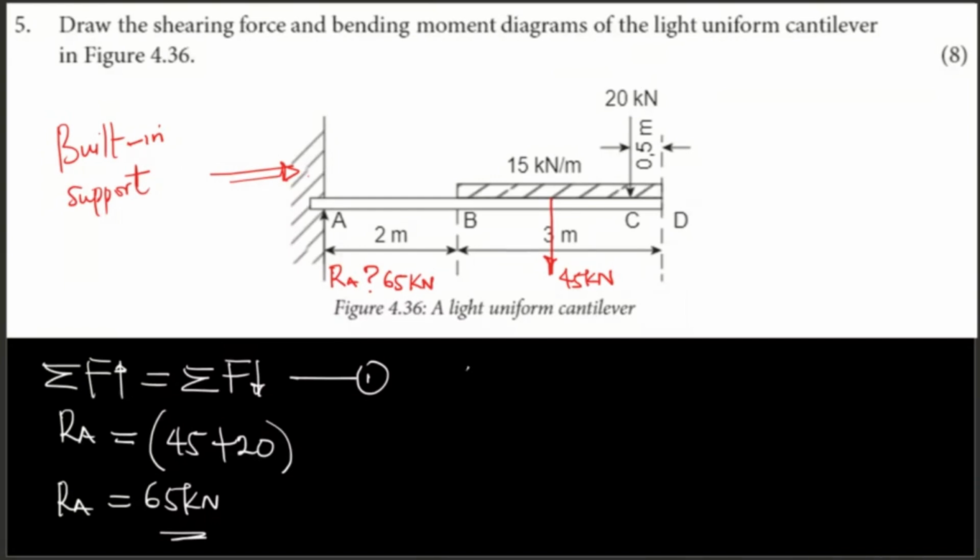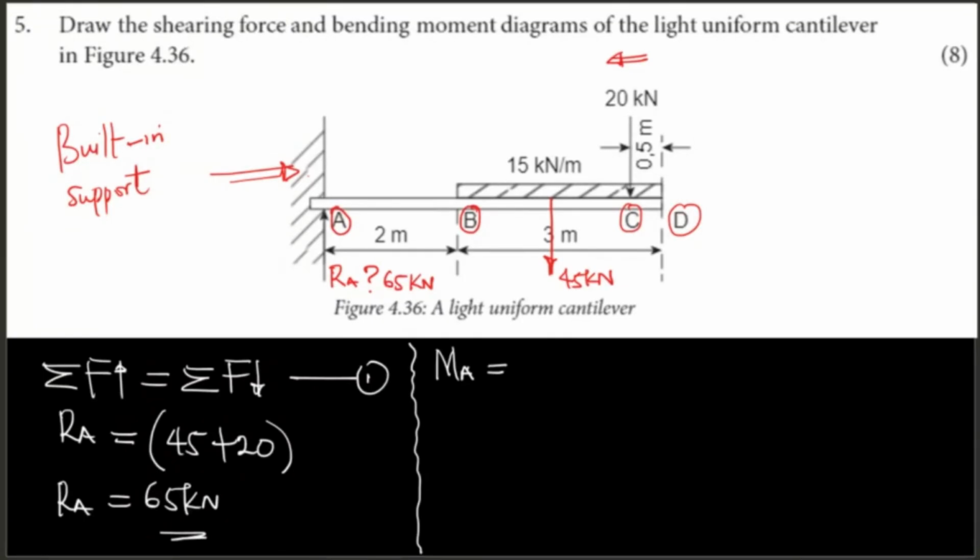So we have section A, section B here, section C, and section D. If I want to calculate my moment at section A, I'm going to be working from the right hand side to the left hand side because there is no force after the reaction at A, because that is exactly where it is supported. So I'm going to be using the sign convention as usual.